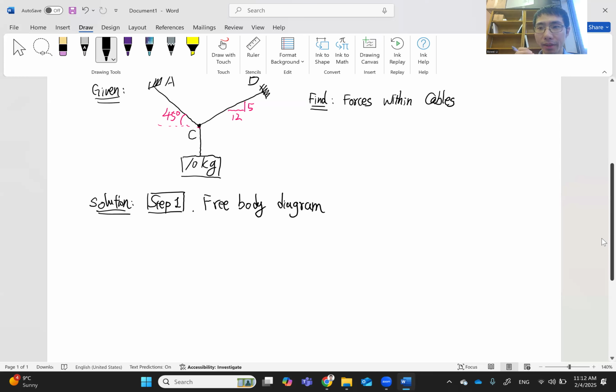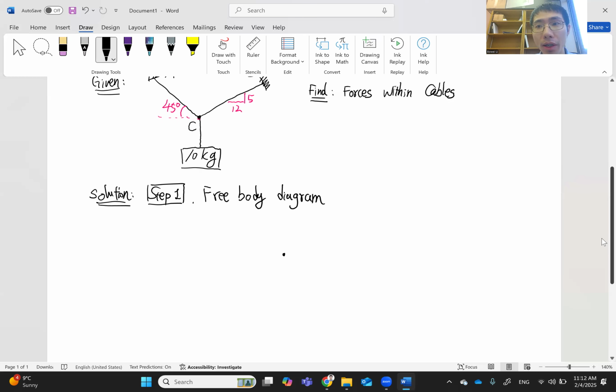At least I believe you heard one keyword here: we are going to cut out a part. So which part are we going to cut out? It may not appear clear to you, so I'm going to first propose that we cut out point C. But why here?